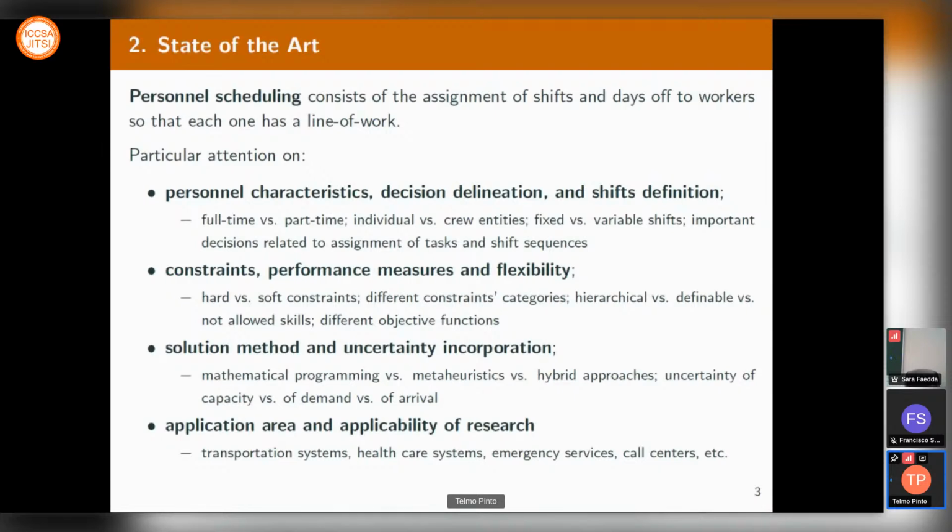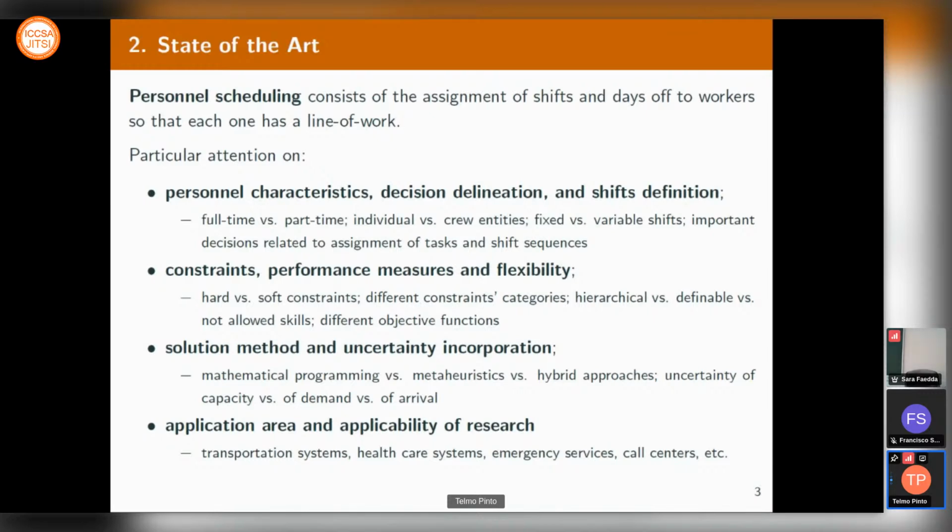In personnel scheduling, shifts and days off are assigned to workers to ensure a proper workload distribution. We have some key considerations that include personnel characteristics, decision delineation, shift definition, and so on. And we have to combine all of this with constraints on performance metrics and flexibility that play crucial roles, involving soft and hard constraints and different kinds of objective functions.